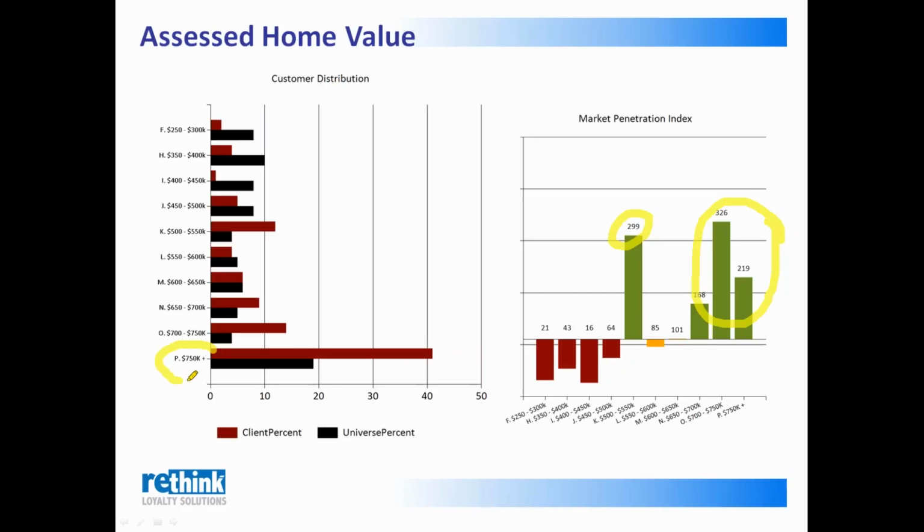One thing about that population that's really jumping out at me is that more than 40% of those customers live in homes where the assessed home value is $750,000 plus, meaning they're $1 million plus homes. Again, a $1 million home in Laguna Canyon might actually be a relatively moderate single-family dwelling unit, a nice mom, dad, and kids home.